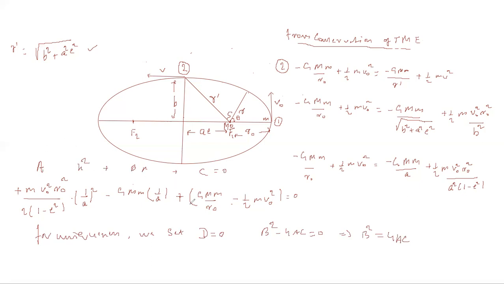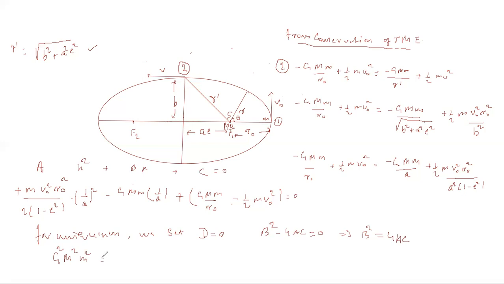X is of course 1 by a. Now, b squared is nothing but a square of minus GMm, so it is G square M square, capital M square and small m square. This is our b square.